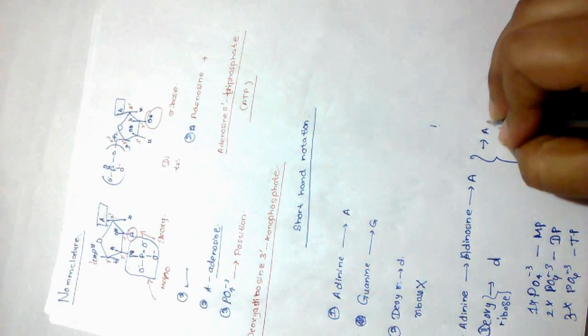Guanine, guanosine. Cytidine, thymidine, uridine, likewise. Okay. We can write like this: adenosine 5-monophosphate. Adenosine 5-monophosphate.